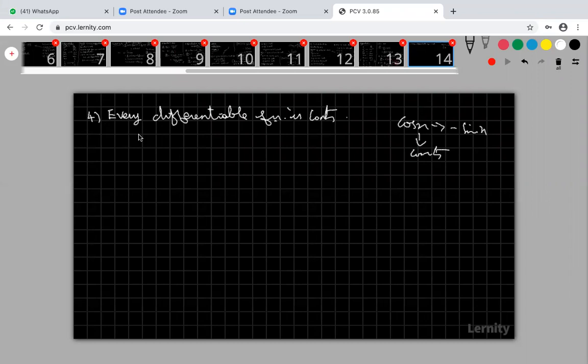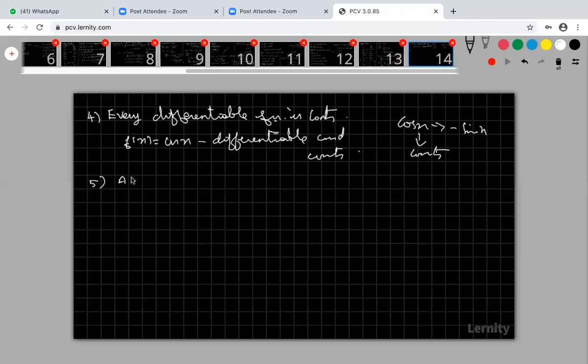Example cos x. You take that example also. Differentiable and it is continuous. Right? Now come to that fifth one.